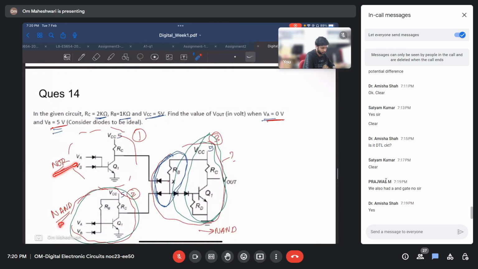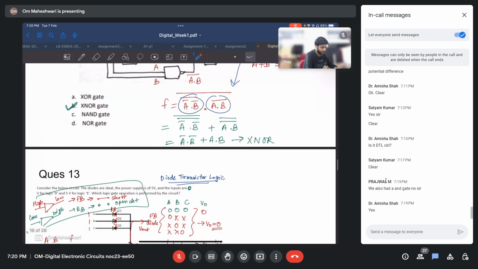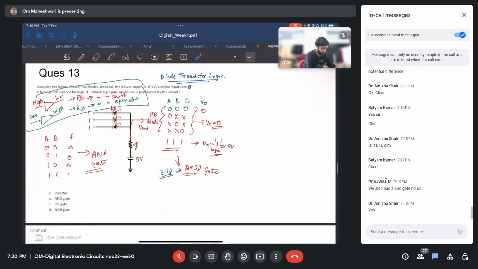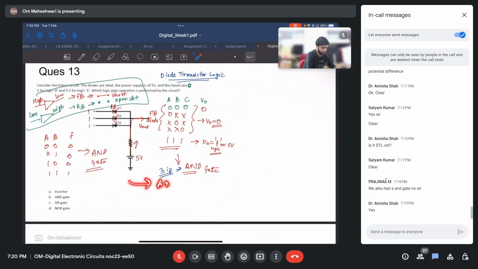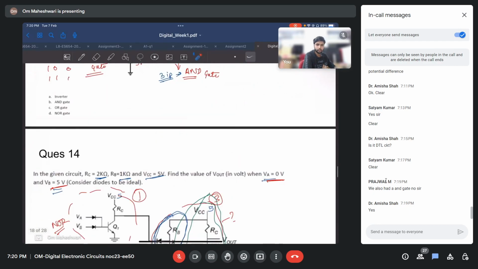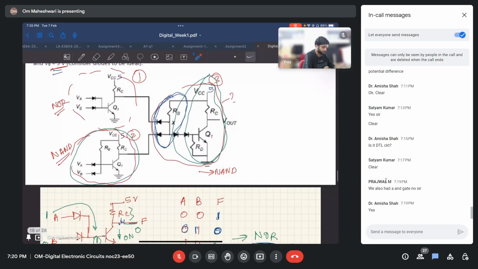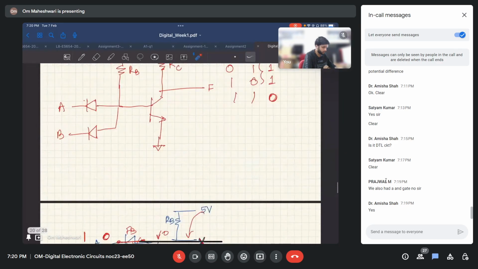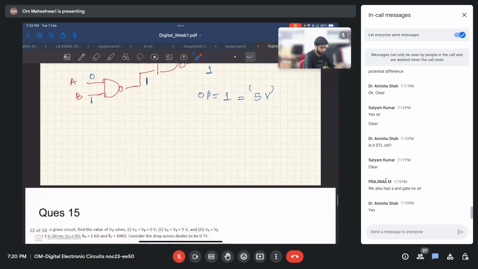This is NOR, NAND, and NAND. There's no AND gate here. The AND gate was in previous questions, I think. Yeah, the previous question was an AND gate. Okay, Prajwal, let us go to the next question.